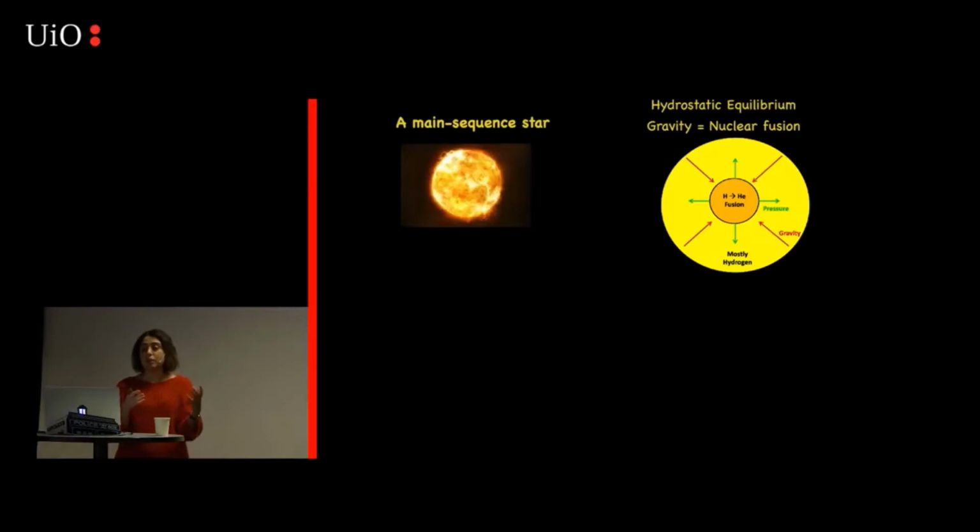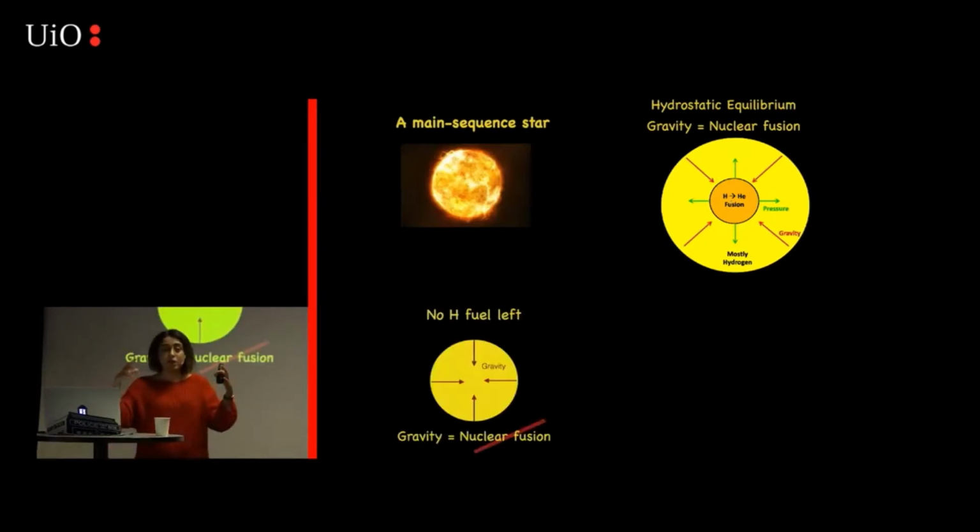Main sequence stars stay in this phase of evolution until most of the hydrogen supply in the core is fused to helium. So when there is no more hydrogen supply in the core, we don't have any nuclear reaction anymore. So the gravity takes over.